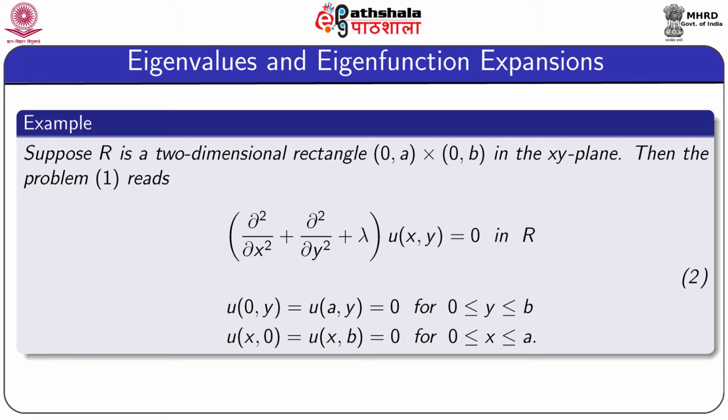In this problem, we have to solve the equation del 2 u by del x square plus del 2 u by del y square plus lambda u equals 0 in some region capital R. For this particular problem, we have considered capital R as a rectangle of sides a and b, and the value of u is 0 on the boundary of R. That is given by the equations u(0,y) equals 0, u(a,y) equals 0 for 0 less than or equal to y less than or equal to b, and u(x,0) equals u(x,b) equals 0 for 0 less than or equal to x less than or equal to a.